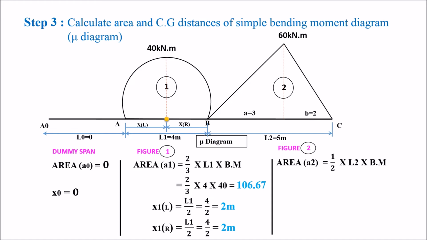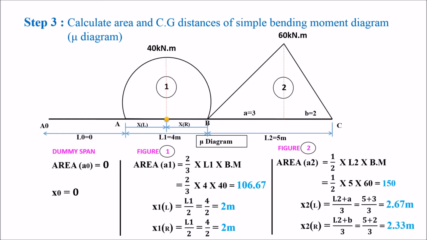So area A2 equals 1 upon 2 into L2 into BM, 1 upon 2 into 5 into 60, that's equal to 150. x2 bar from the left hand support B equals (L2 plus a) upon 3, 5 plus 3 upon 3 equal to 2.67 meter, and x2 bar from the right hand support C equals (L2 plus b) upon 3, 5 plus 2 upon 3 is 2.33 meter.